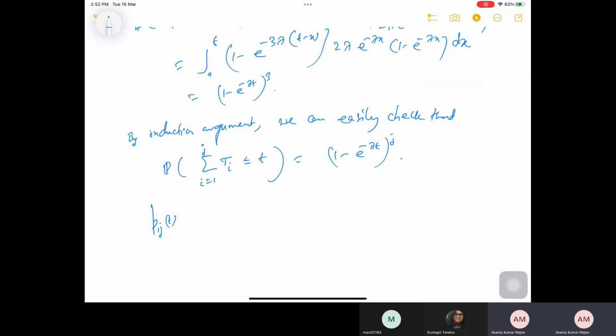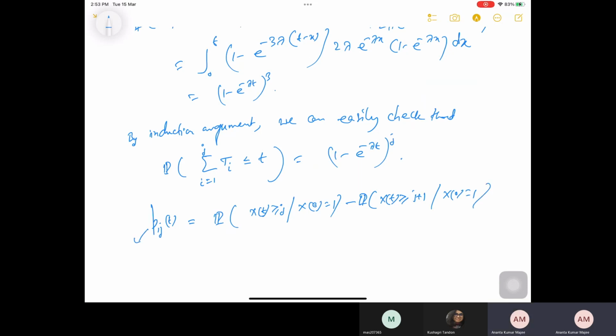This part I can think of as nothing but the probability of X(t) greater or equal to j given X(0) equal to 1, minus the probability of X(t) greater or equal to j plus 1 given X(0) equal to 1.